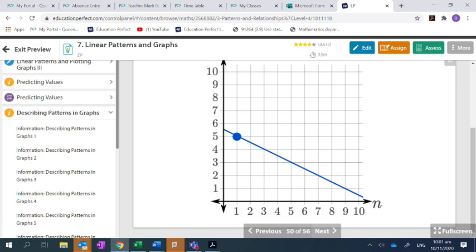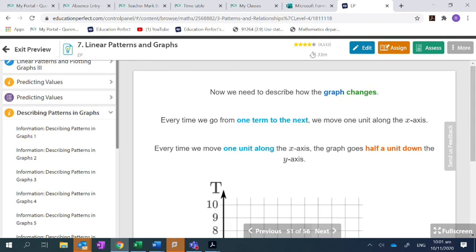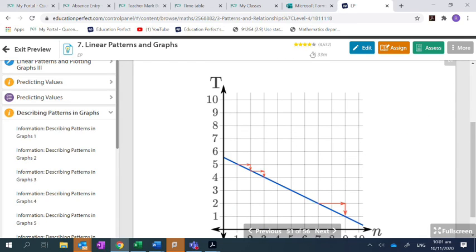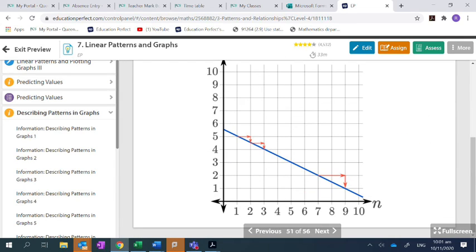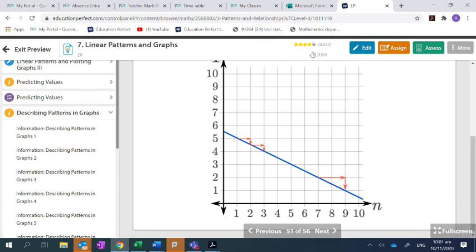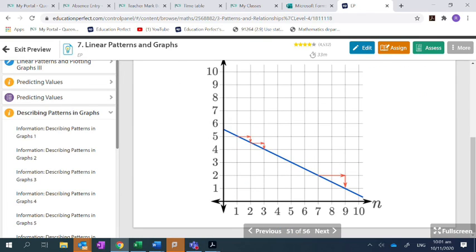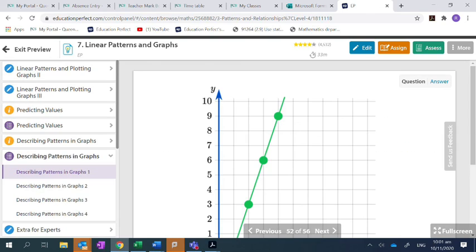I disagree. Do you disagree? You see why? Because there's actually a line there. And as you go to the next number, to 3, that's only down 1/2, right? But look at this one. If you go across 2, that means you went down a whole unit, but for each unit, it goes down 1/2. So I'm going to disagree with what they say there.